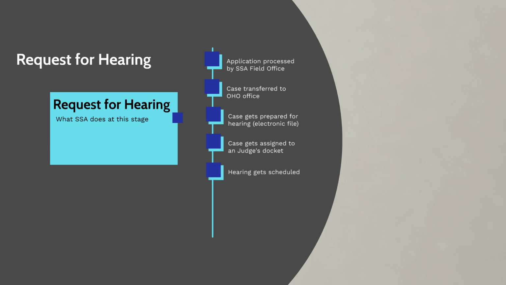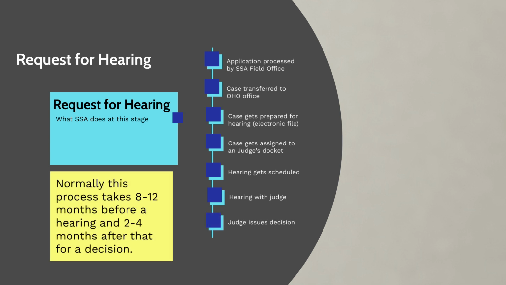Now, once a judge gets it on his docket, they then schedule a hearing. They will typically give at least 75 days notice of the hearing in advance, so you have time to prepare for it. And then you have the hearing with the judge. And then after the hearing, the judge will typically take a few months and then issue a written decision.